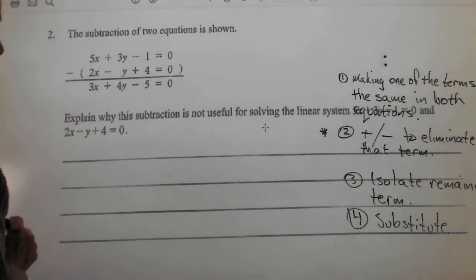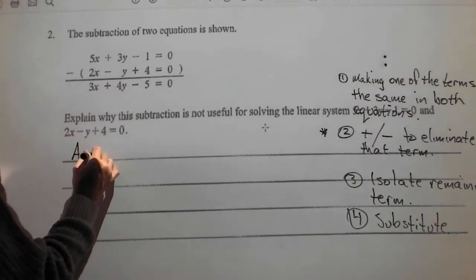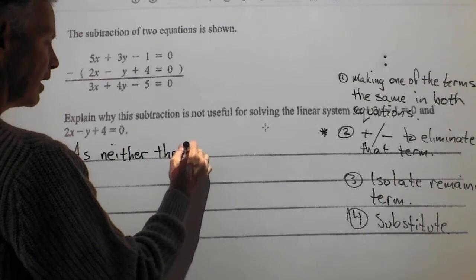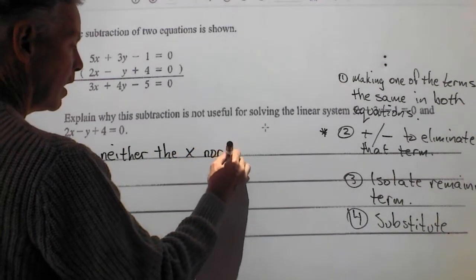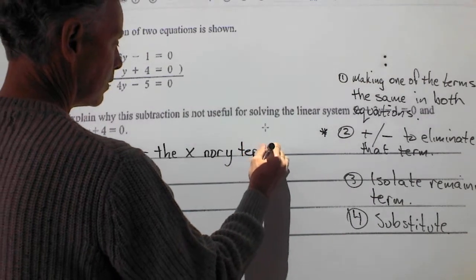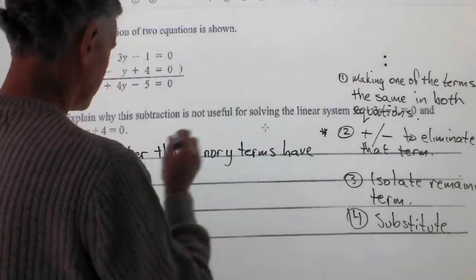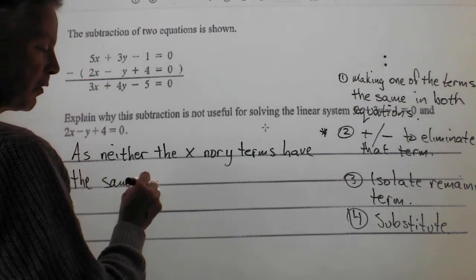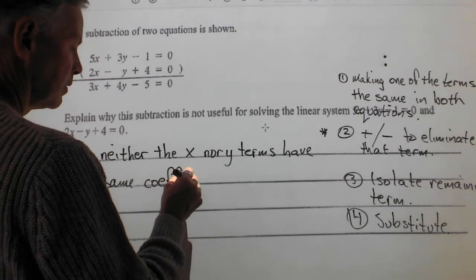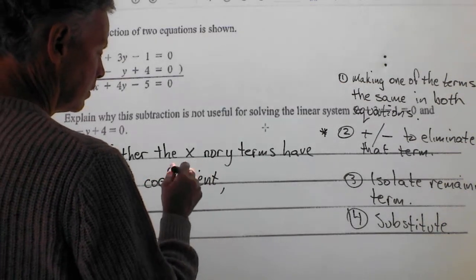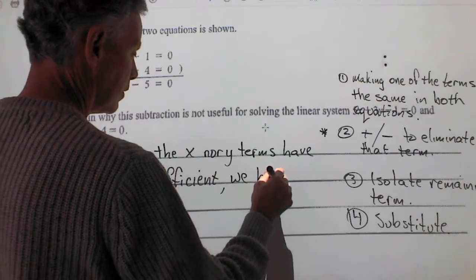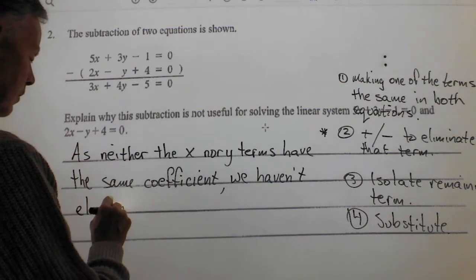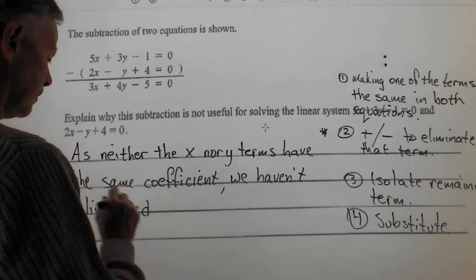So, why is this not useful? As neither the x nor y terms have the same coefficient, remember the coefficient is just the number in front, we haven't eliminated a variable.